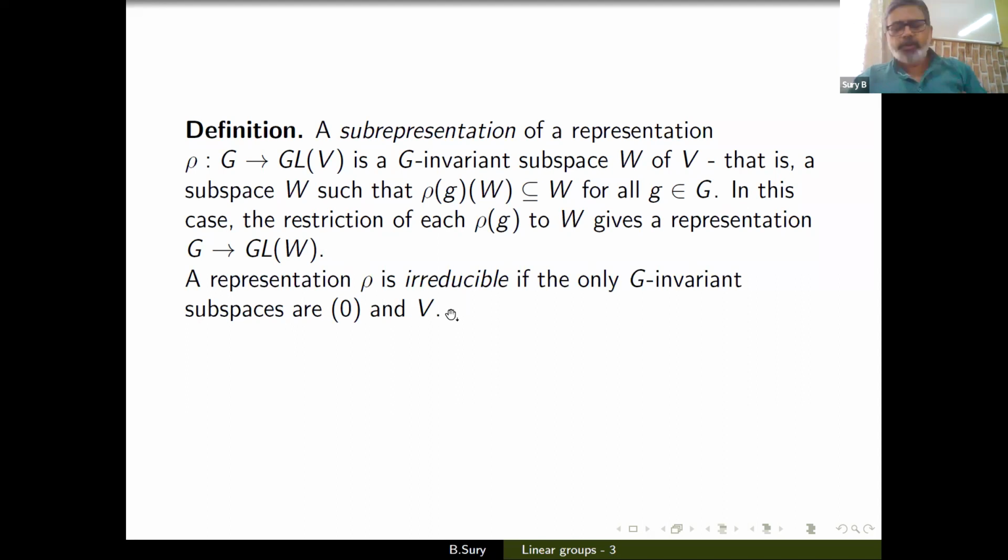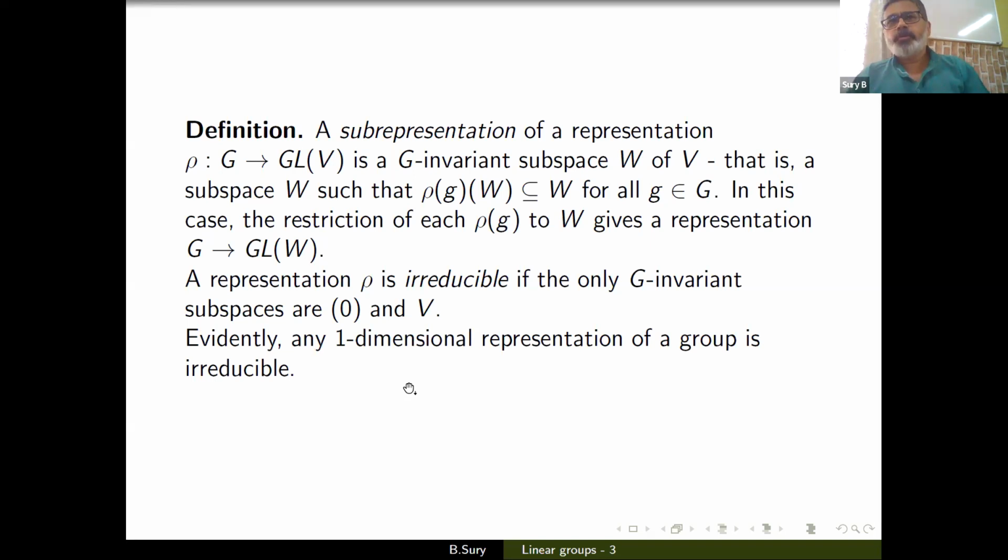This is the usual notion in any kind of situation in mathematics: an action is irreducible if there is no smaller object on which something happens. You cannot leave out zero, zero is always left invariant. So if the only G-invariant subspaces of V are 0 and V, then you call V an irreducible representation.